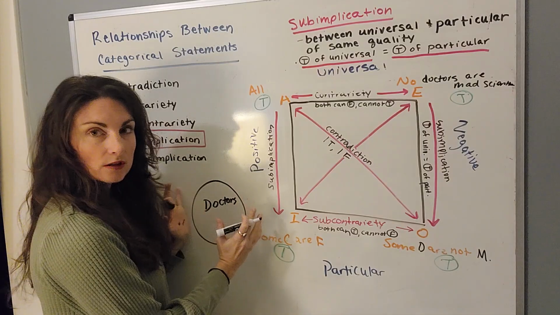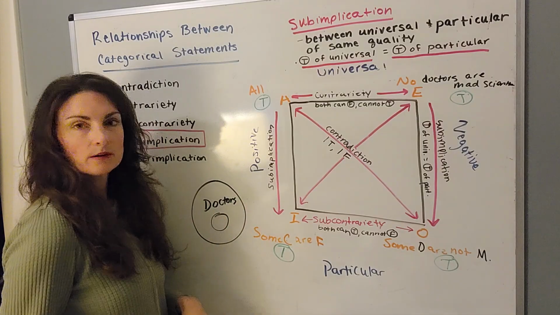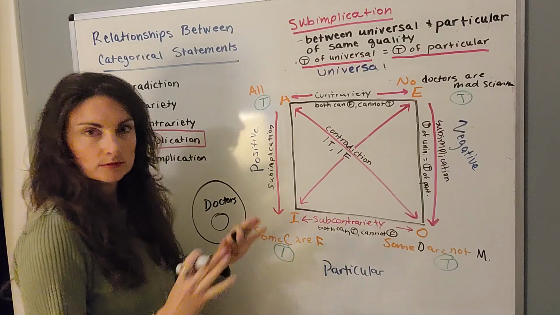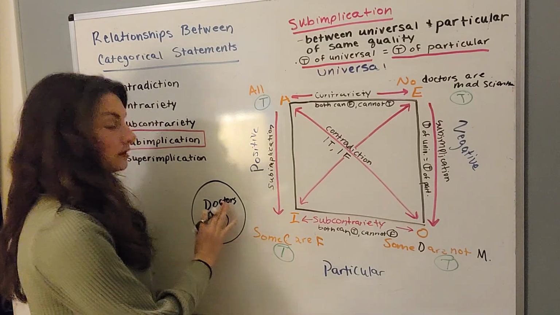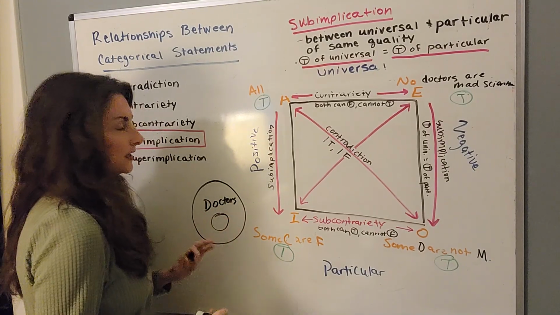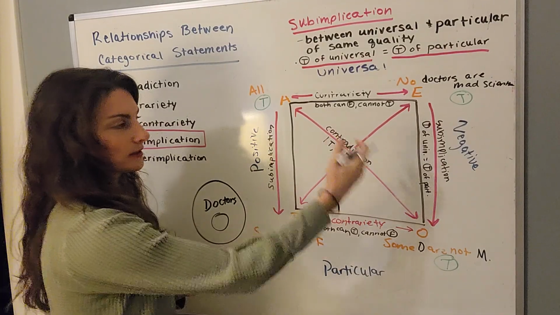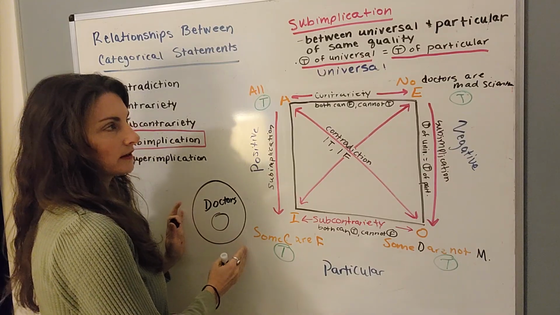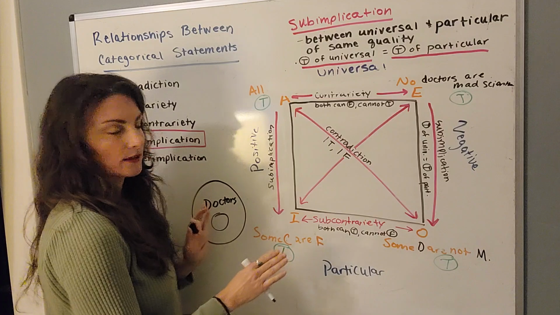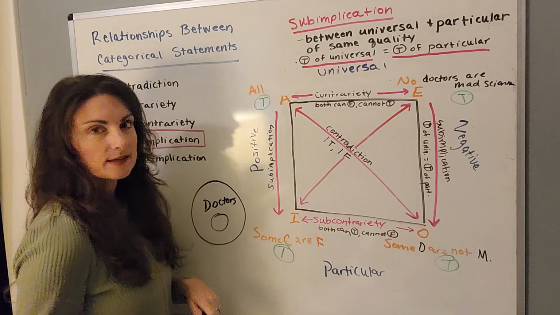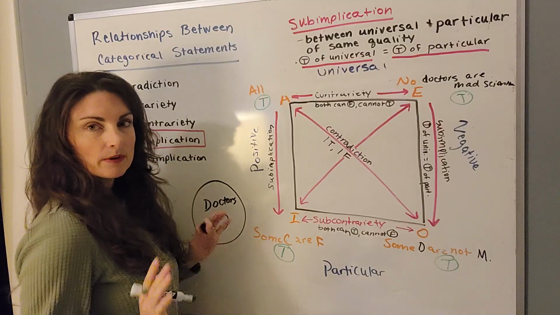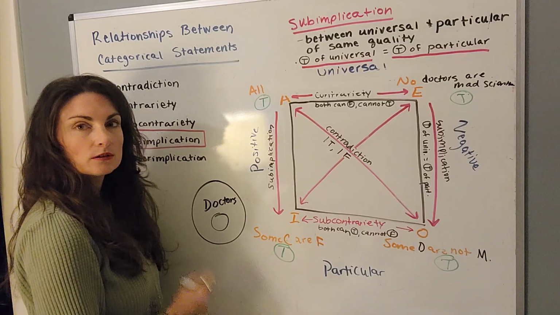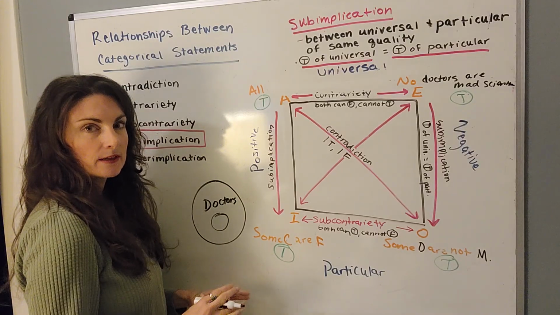Out of all the doctors in the world, I'm going to pluck out this group here to talk about and figure something out about it. But it's still within the whole. Now this one is denying something, because this is our negative. So I'm not going to color anything in, because I'm saying that none of them are mad scientists. If I had said all of them are mad scientists, I would color in the whole thing. But because I'm denying, nothing gets colored in. So the whole doctor circle is uncolored. The whole thing is being denied.